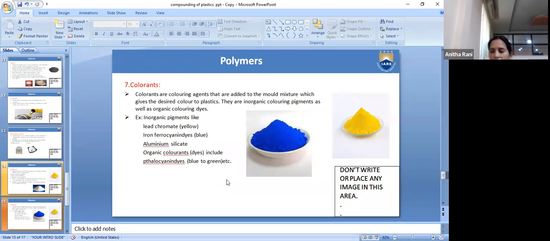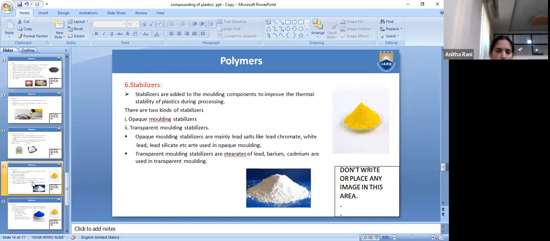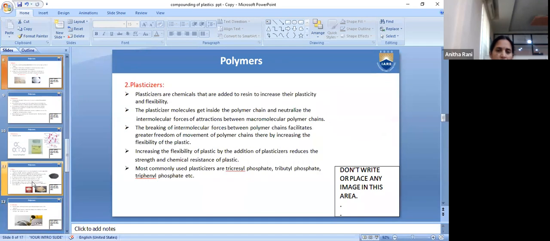So these are the examples of colors: lead chromate, iron ferrocyanide dyes (blue color), aluminum silicate, and phthalocyanine dyes (blue to green color). Four colors I have given, remember. So this is about compounding of plastics.